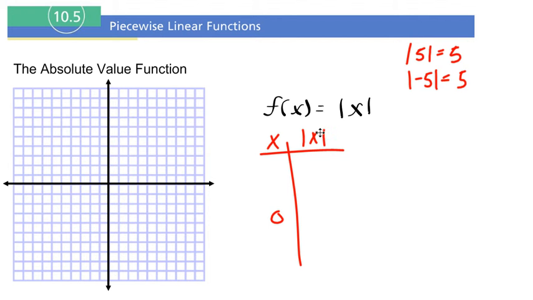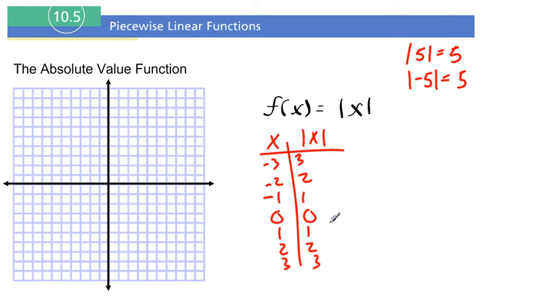The absolute value of 0 is 0. And let's maybe do -1, -2, -3. The absolute value of -1 is 1, of -2 is 2, and of -3 is 3. And if I did 1, 2, 3, the absolute value of all these is 1, 2, 3.